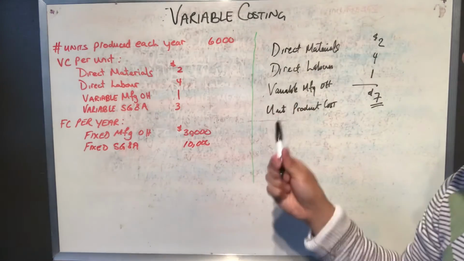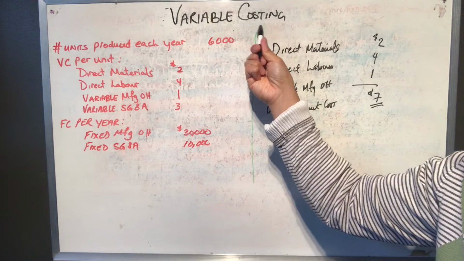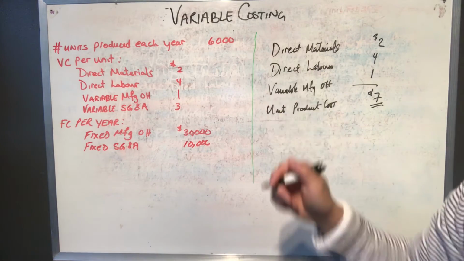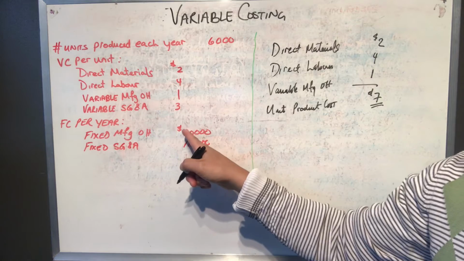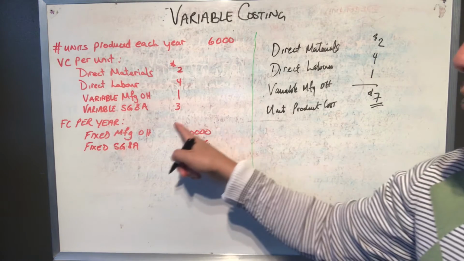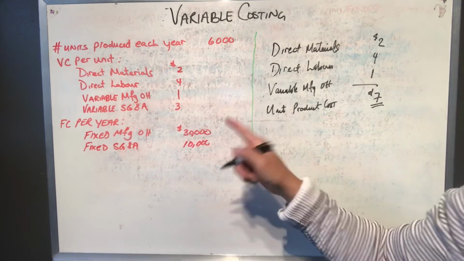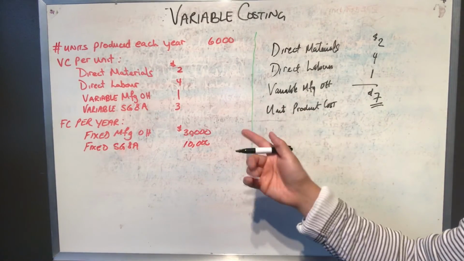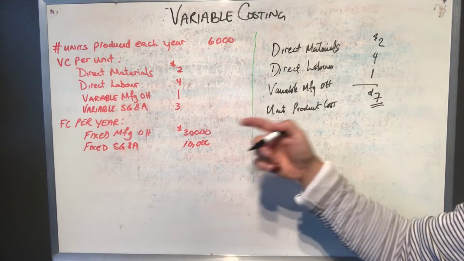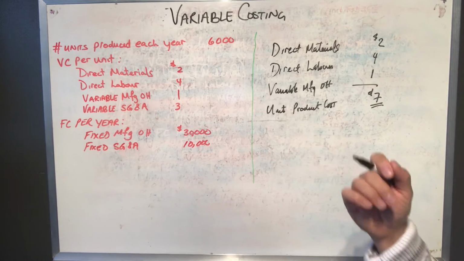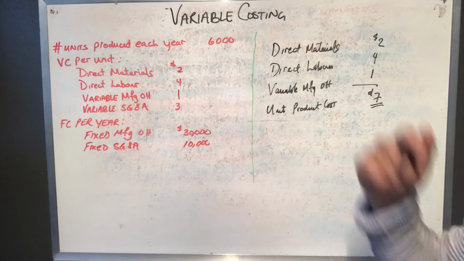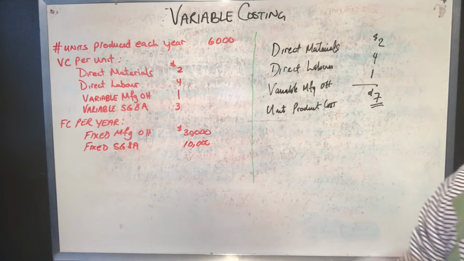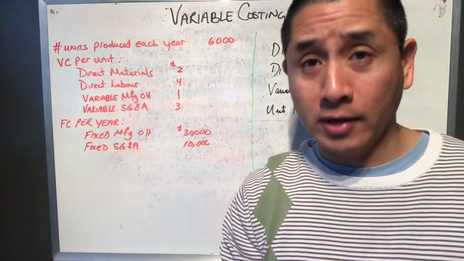Here, under the variable costing method, also known as the direct costing method, we will take that $30,000 and charge it off in total, in aggregate, against income as a period expense, along with the selling, general, and administrative costs. So under variable costing, only variable manufacturing costs are accounted for.